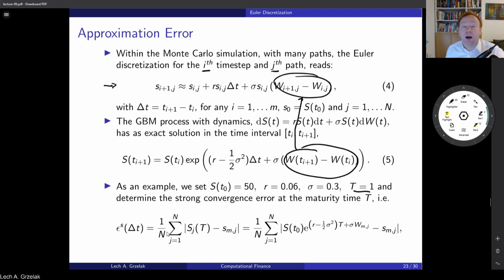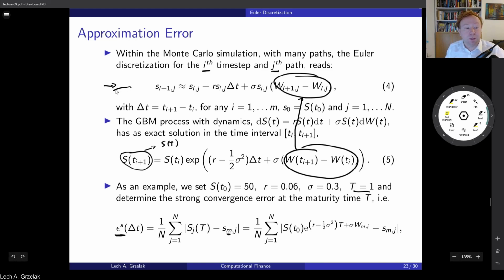Here we essentially apply just the definition of strong convergence, the absolute error, which is defined as an average, so 1 over N, where N is the number of samples, and then we have a summation over all the S_T^j, so essentially every path that we get from this quantity at time T, so for every entry in our vector, minus the sample that we get from this discretization. You see M indicates the last time step of our simulation and j indicates the path.